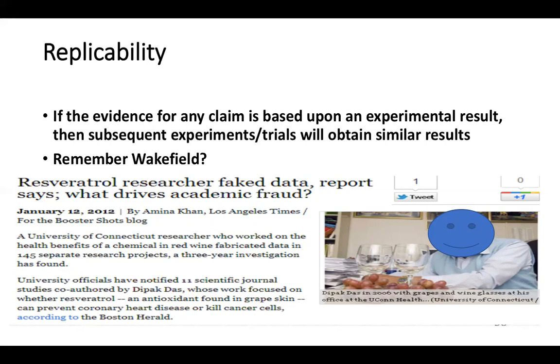So the ways are different, but the truth should be one. And if the study is true, it should be replicable. So you should be able to replicate the findings of that study.